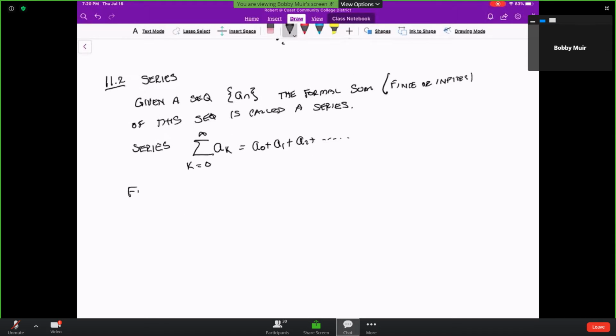We might have a finite series, sum k equaling, let's say, 2 to 7 of a_k is going to be a_2 plus a_3, a_4, a_5, a_6, a_7, and it stops. Now, the main difference between these two series that I've written here is that the second one starts and stops.